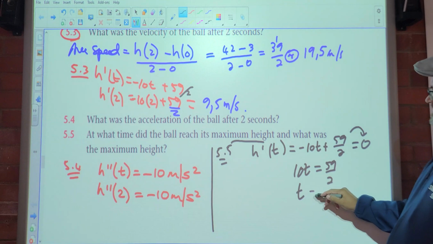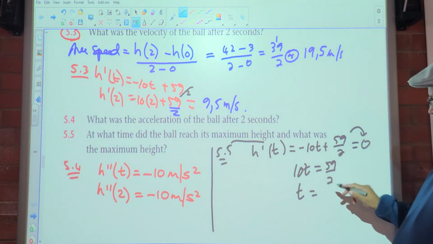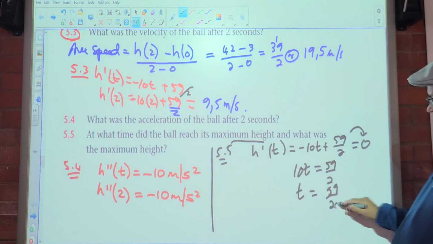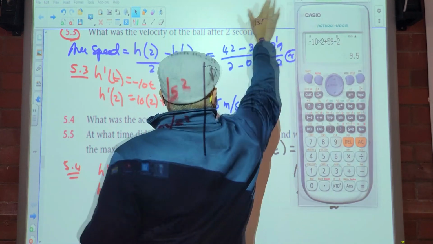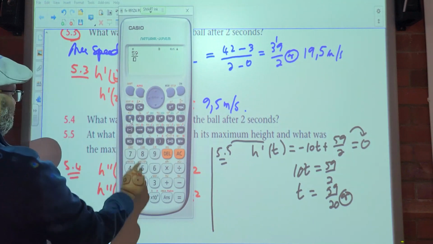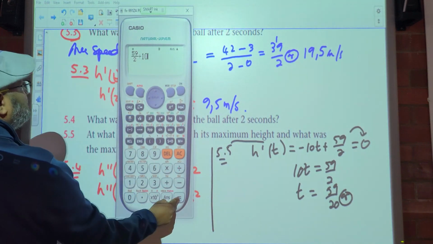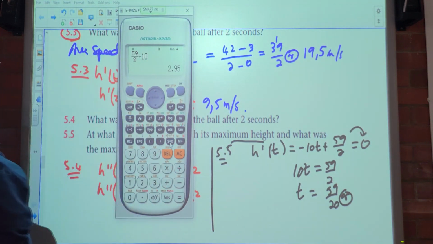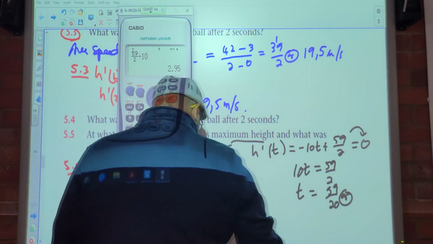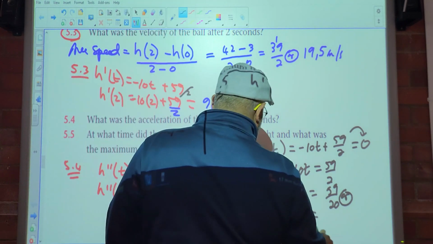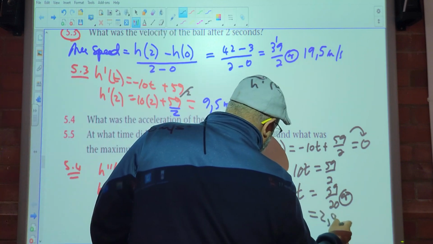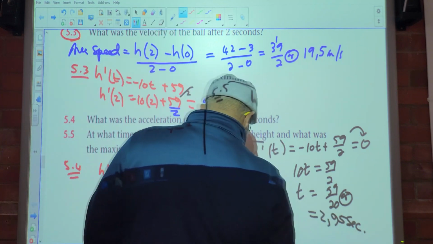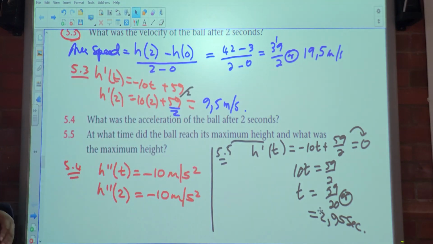We divide by 10 on both sides and get 59 over 20, or in decimal, 2,95 seconds.